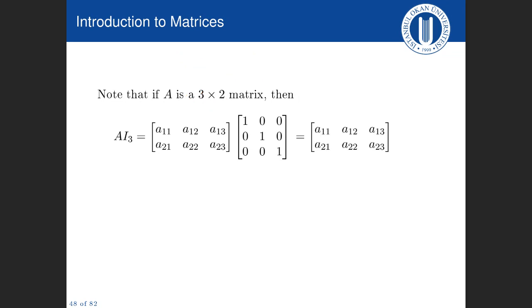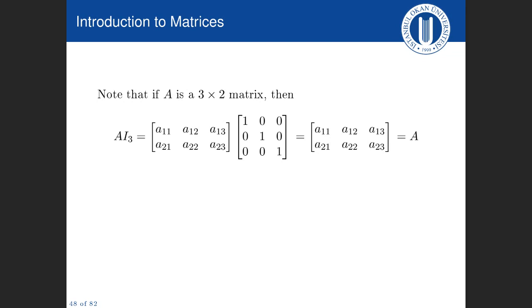If we calculate this, say, first row by first column, A11 multiplied by 1 plus A12 multiplied by 0 plus A13 multiplied by 0, that just gives us A11. If we do the same thing for every entry, we find that we just get A.